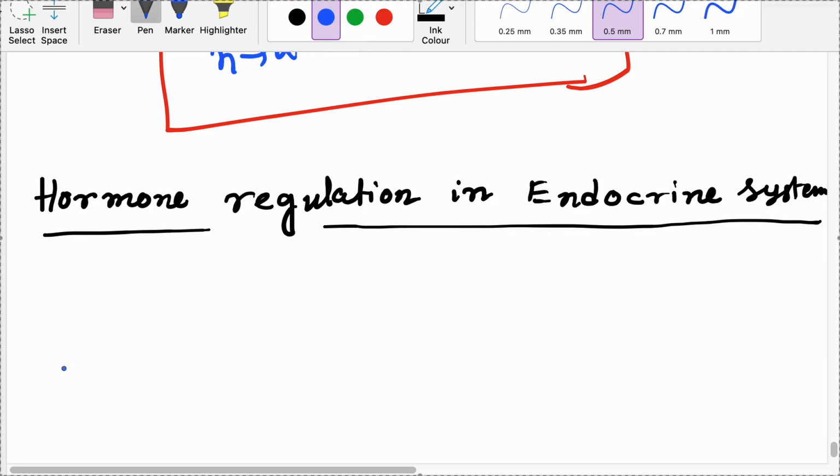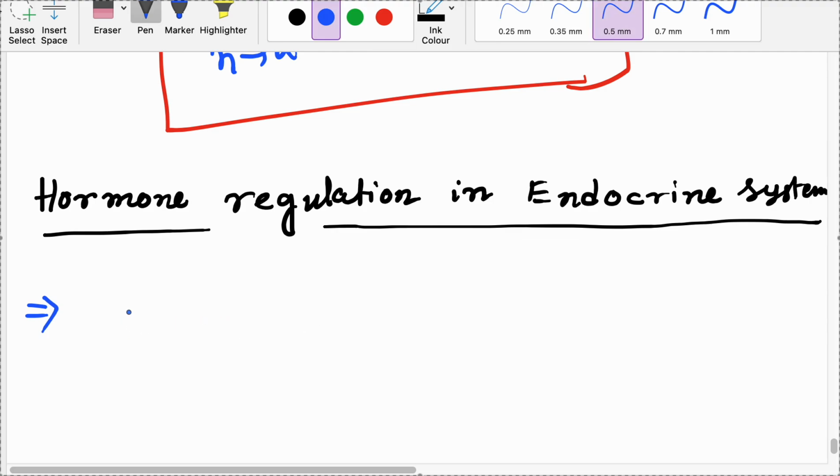Okay. Now consider the regulation of a specific hormone, suppose cortisol, that depends on two factors. If we want to measure the density of the hormone at a particular time, it should depend on the hormone density at the previous instant.